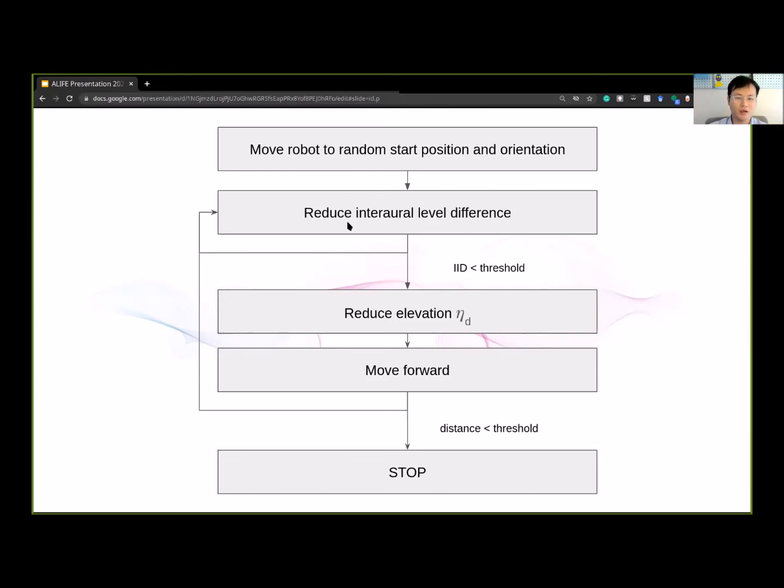Once the interaural intensity difference is less than a desired number, we proceed with reducing the elevation error by trying different pitches. Once you select the correct pitch, you move forward and continue until the distance is less than 40 centimeters, then you can stop.